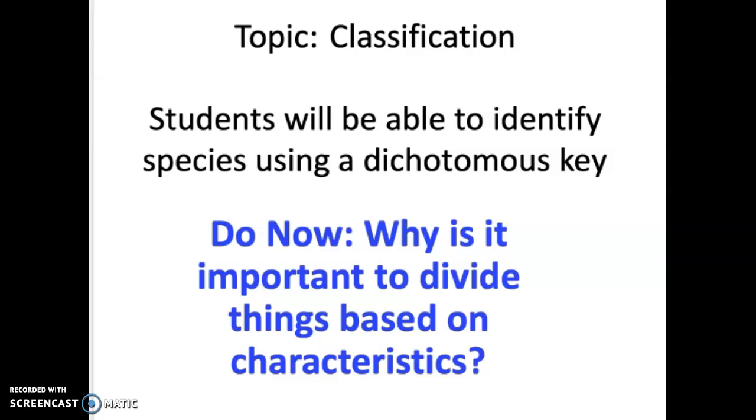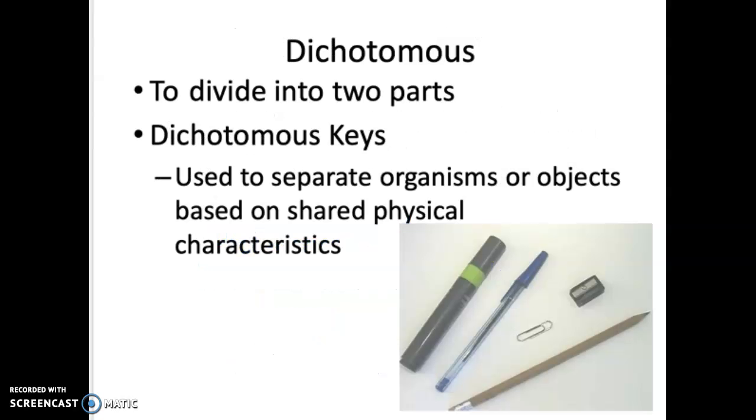Now, a lot of identification goes by physical characteristics, although genetic material is very important nowadays. But for this purpose and the purpose of the dichotomous key, we will be using physical characteristics. Dichotomous keys are called such because the dichotomous key divides into two parts based on physical characteristics.